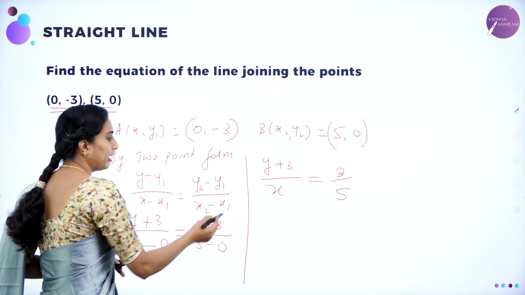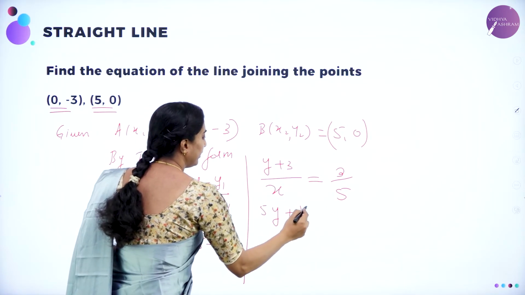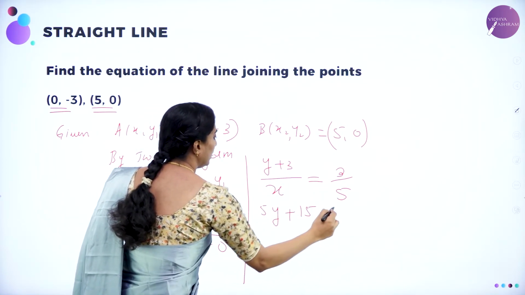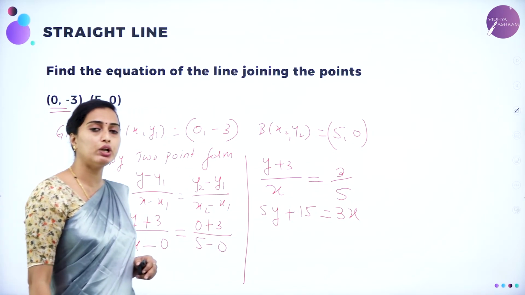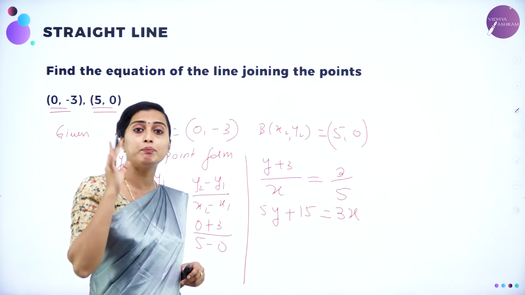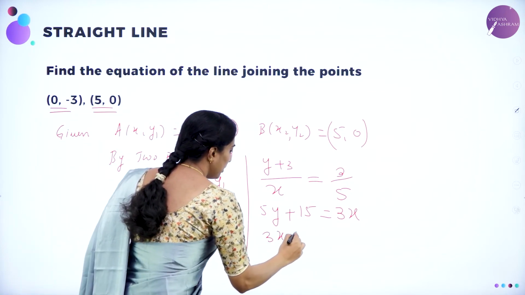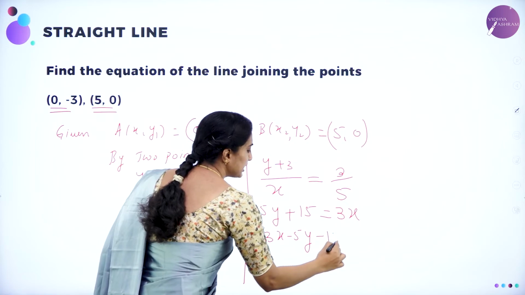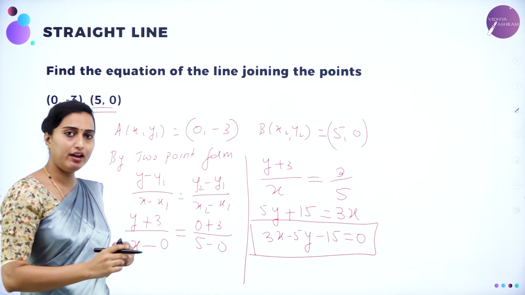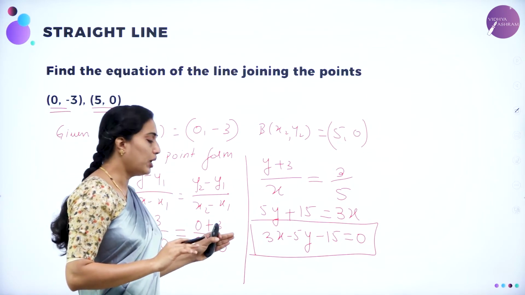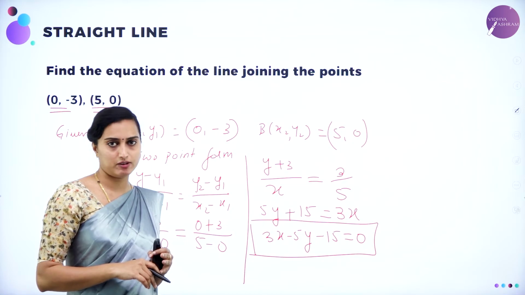Now cross multiplying, 5 into y plus 5 threes are 15 is equal to 3 into x. Now taking all the terms to one side, because you need to reduce to the form of ax plus by plus c equal to 0, we get 3x minus 5y minus 15 equal to 0, where A takes the value 3, B takes the value minus 5, C takes the value minus 15.